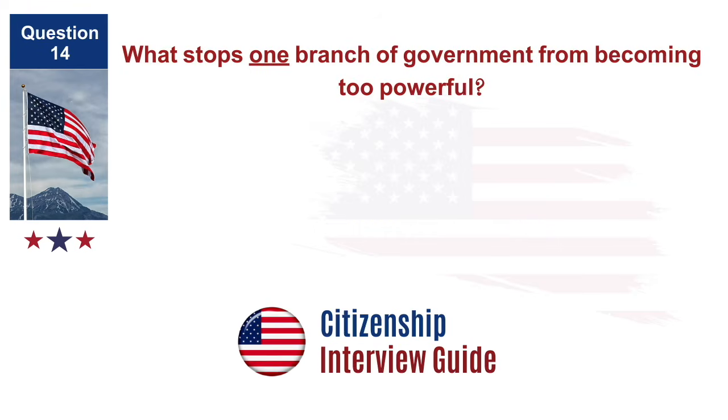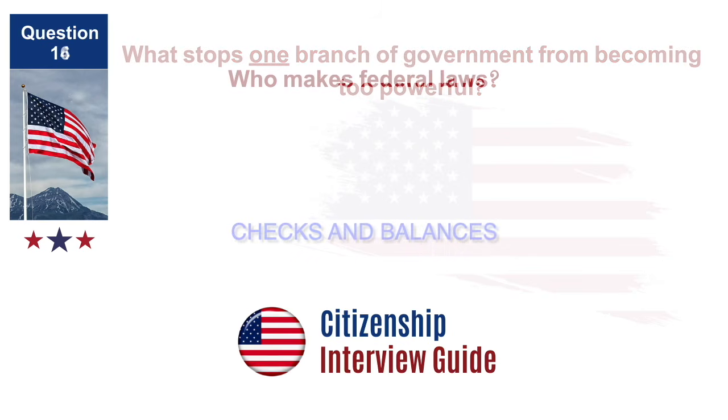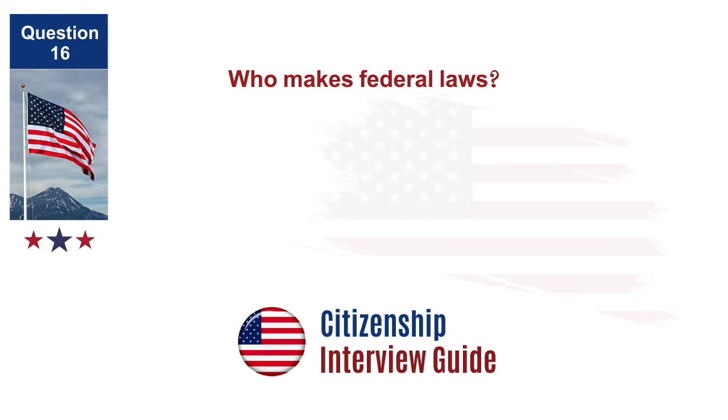What stops one branch of government from becoming too powerful? Checks and balances. Who makes federal laws?